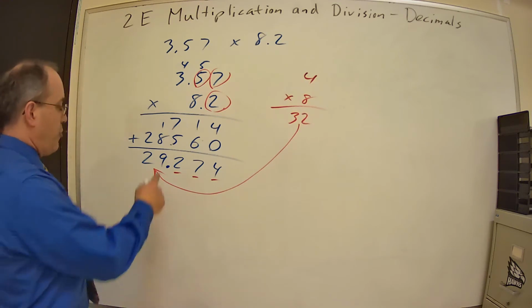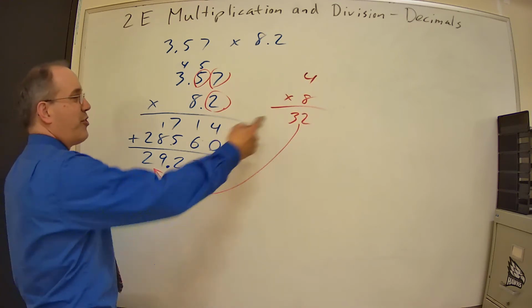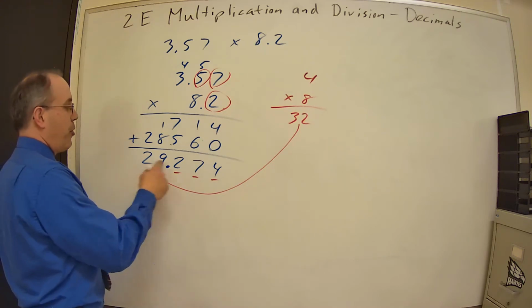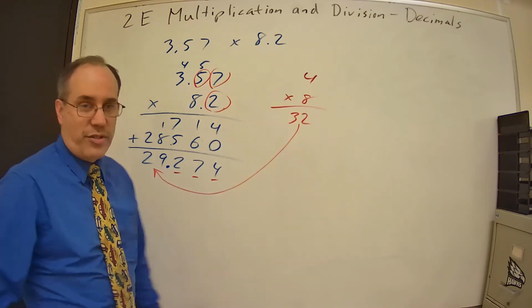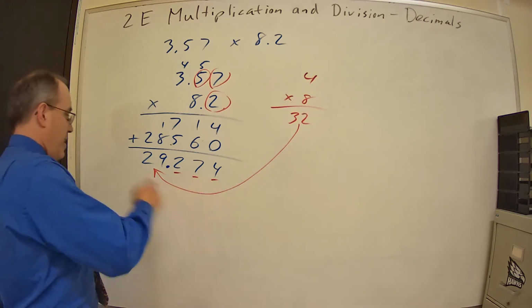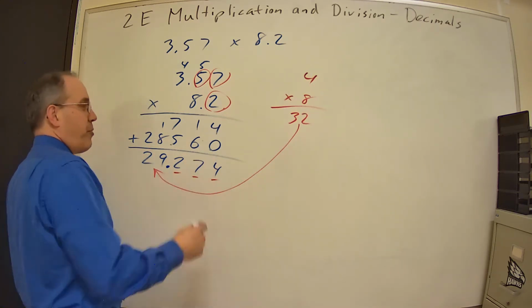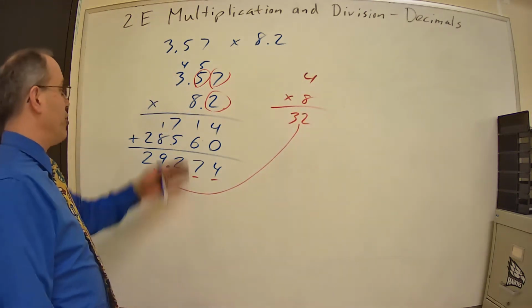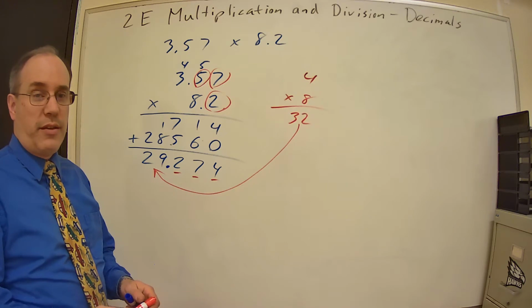If I put the decimal point over here, I'd be 292 versus 32, not even close. If the decimal point ended up here, I'd have 2.92, not even close. So a quick comparison says, yes, this does work. This number is approximately or near to 32, so it put my decimal point in the right place.